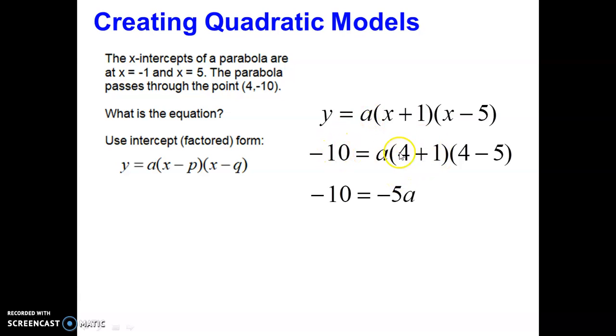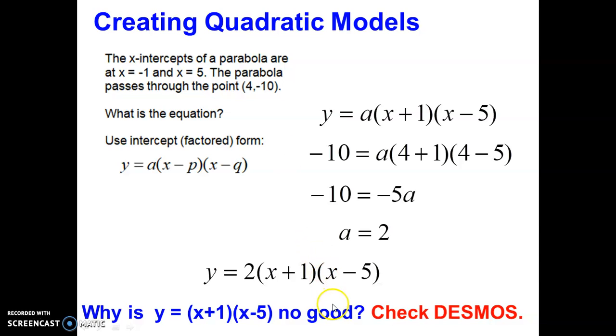So solving that, 4 plus 1 is 5, 4 minus 5 is -1, and we have this here, -5a. Divide both sides by -5, and a is 2. So now we know a. So we know that there's many parabolas, actually infinite parabolas, that pass through these two x-intercepts, but this specific one with an a value of 2 also passes through that point for -10.